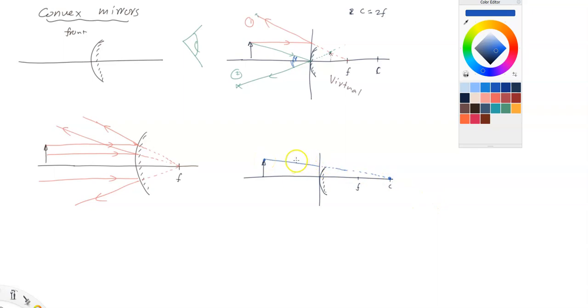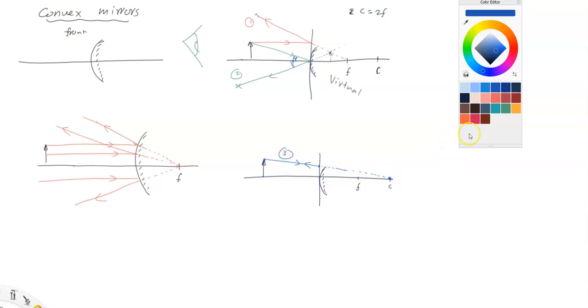The line that looks like it's going to the center, once it strikes the mirror, will reflect along the same path. That's the third one we're going to use. It doesn't go into the mirror, it reflects at this point, but it looks as if it is going towards the center, so it's going to reflect along the same path.